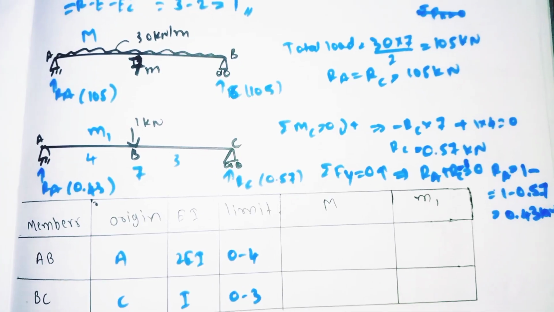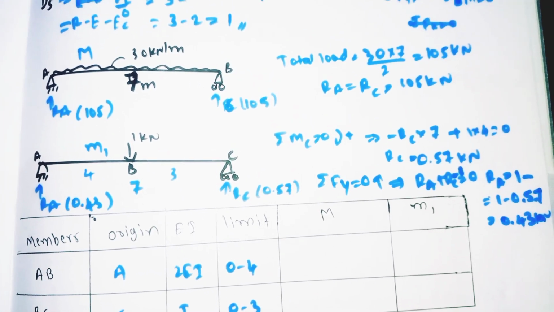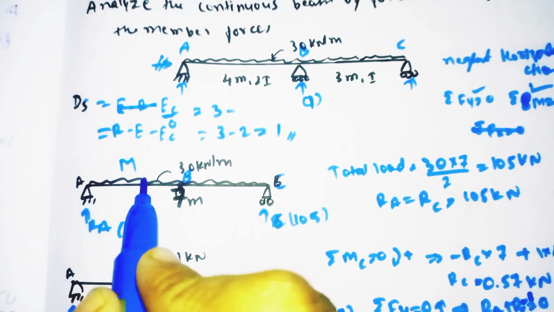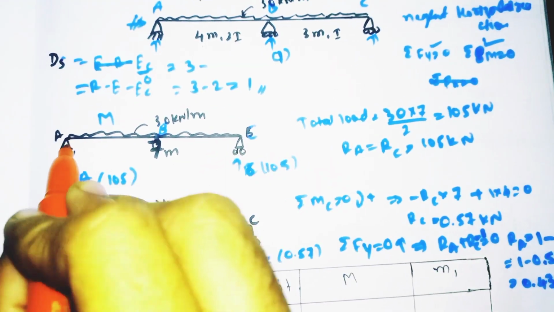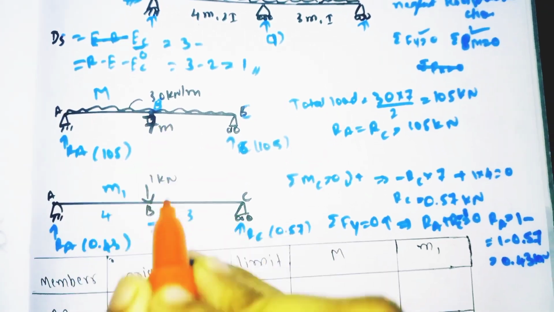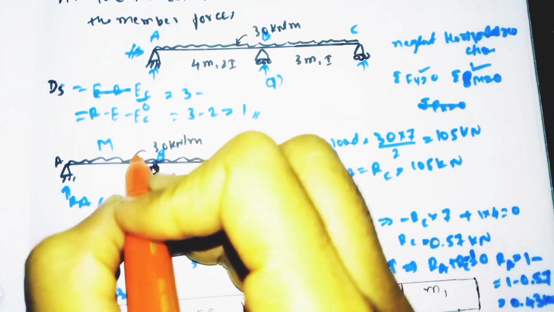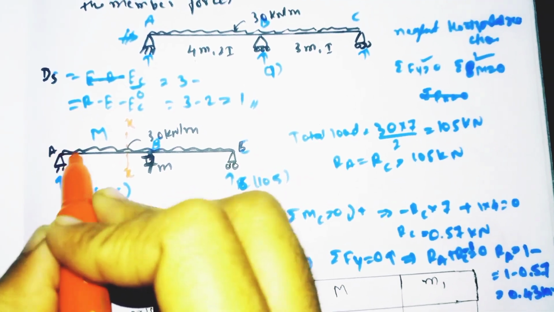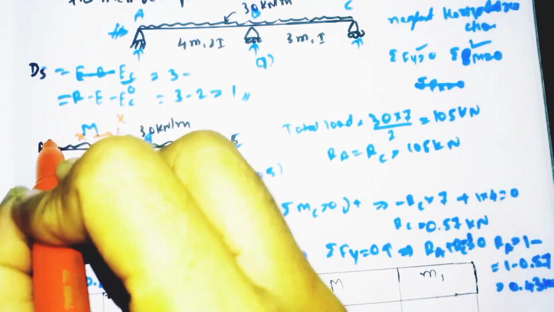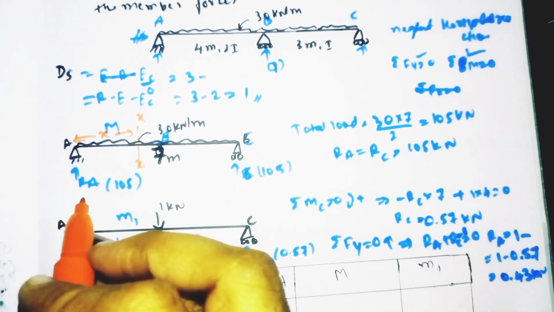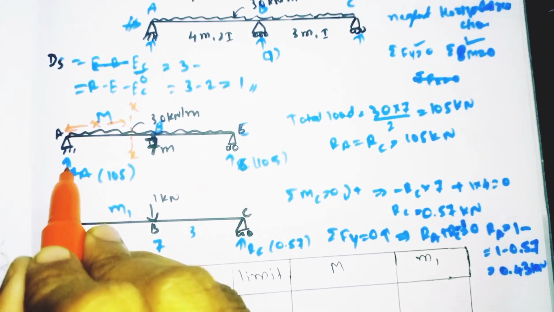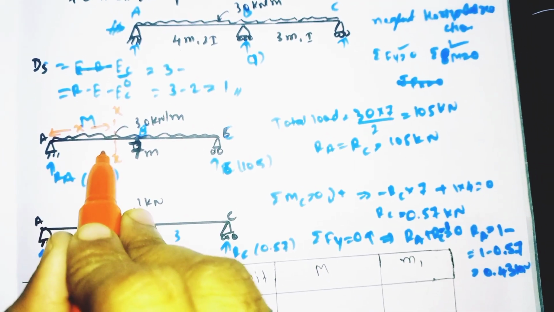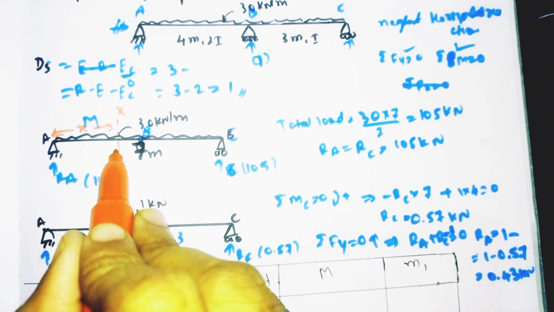So for M1, how to find M1, we'll see. For AB, this is B, and if we cut the section at x far away from the origin A, for AB we have taken origin as A. So if we cut the section at a distance of x, our M becomes: here one load is acting, RA is acting at the intensity of 105, into at what distance it is acting, from here to here the distance is x.